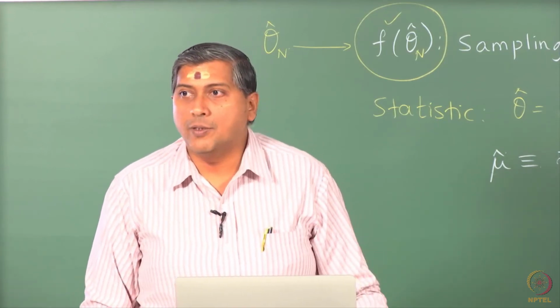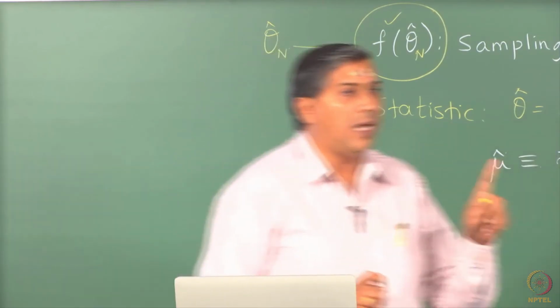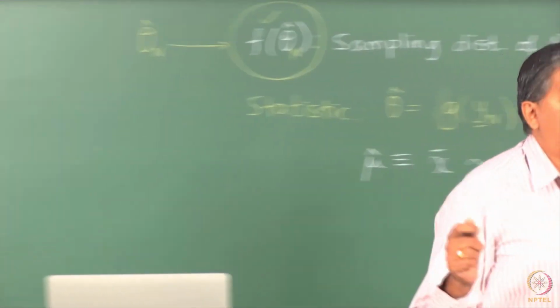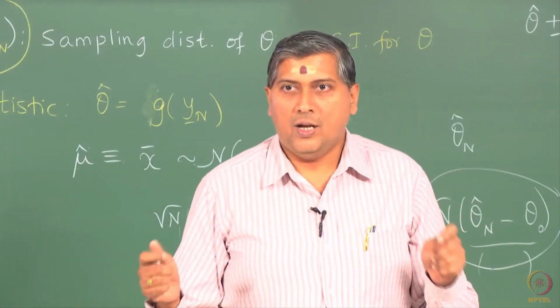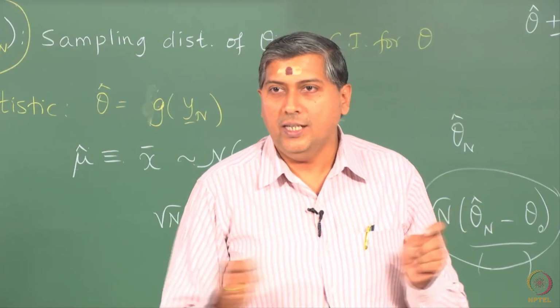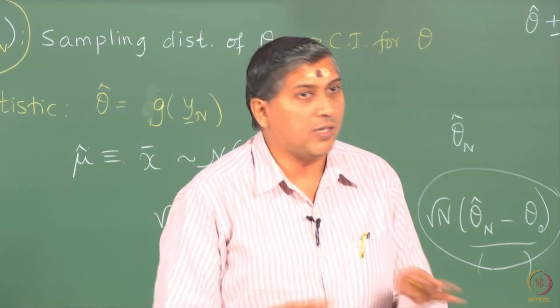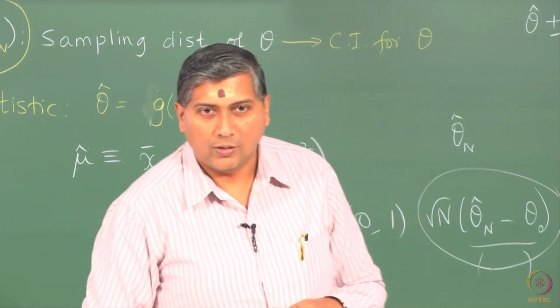What is the purpose of constructing this confidence region? It is twofold. One, you are giving me an interval in which the truth lies, and if you have done a good job, then it should have actually captured the truth. But there is a chance, I know, a 5% chance, that you would have missed the truth.